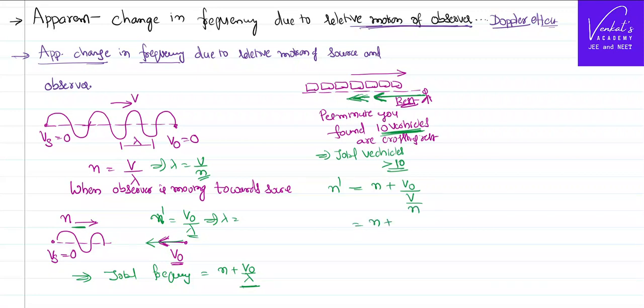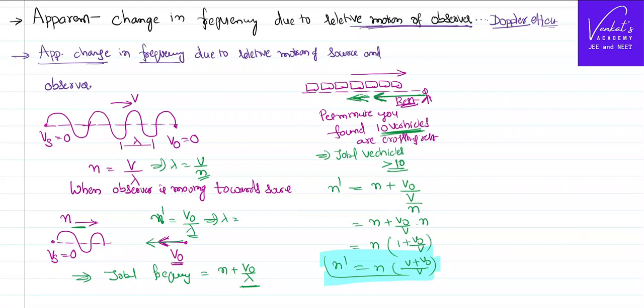So n plus v observer by v of n, where v is the velocity of the sound and vo is the velocity of the observer. If I take n common, n dash equals (v plus vo) by v of n. That's the apparent frequency experienced by an observer moving towards the source.